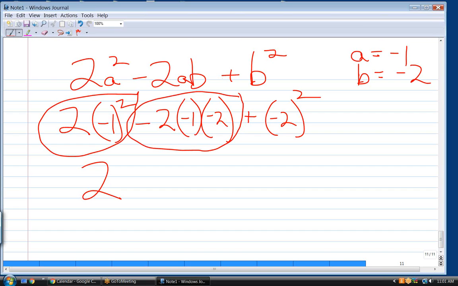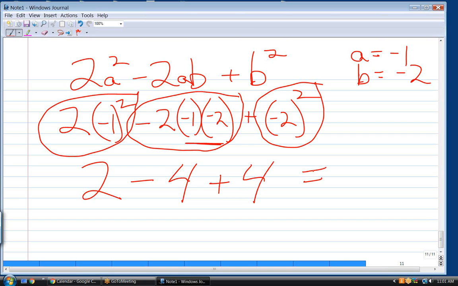What is -1 times -2? 2. Correct. 2 times -2? -4. And finally, let's get rid of that parentheses. 4.